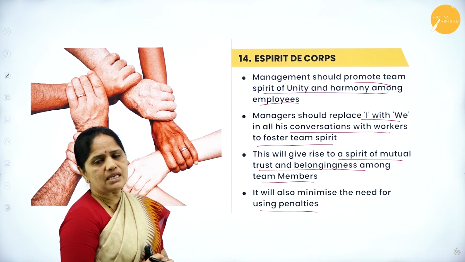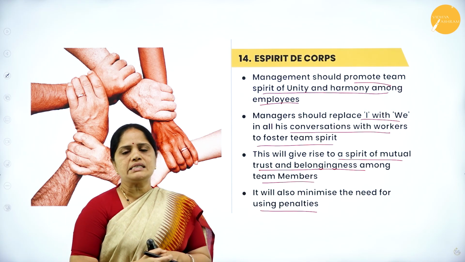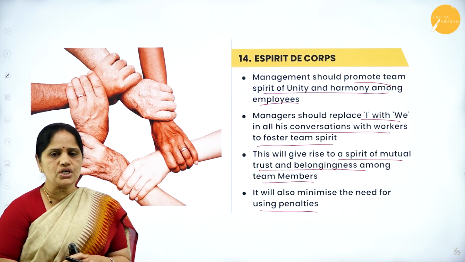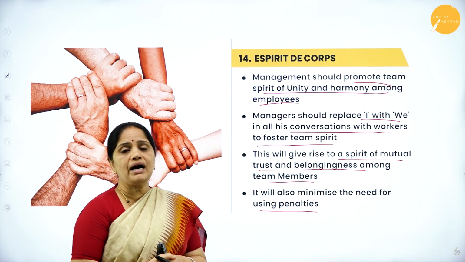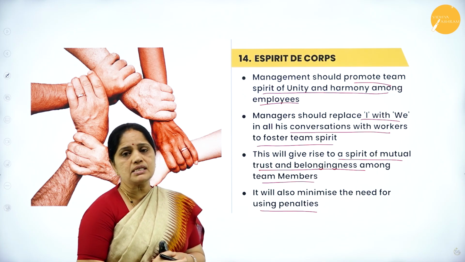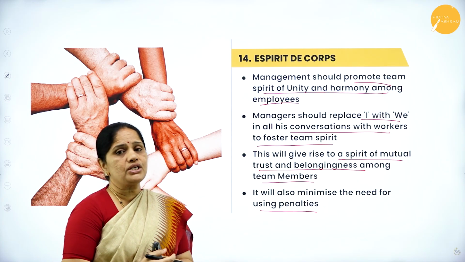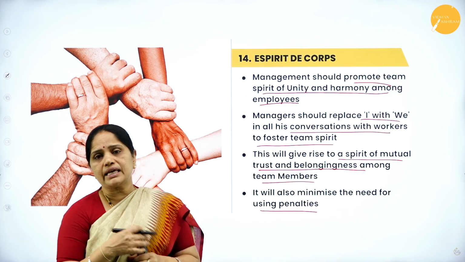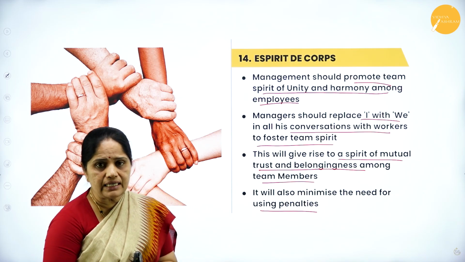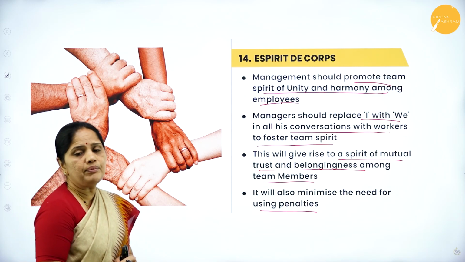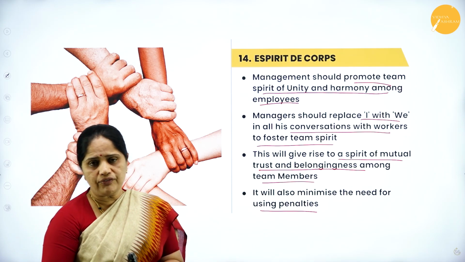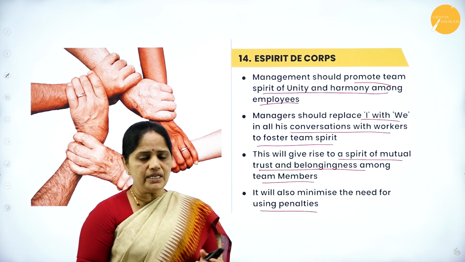When you involve all the employees in the decision making function, they will feel encouraged to be a part of the decision making process. So there will be greater cooperation, and in this way we can reduce the use of penalties within the organization. So these are the 14 principles of Henry Fayol which are relevant even today.